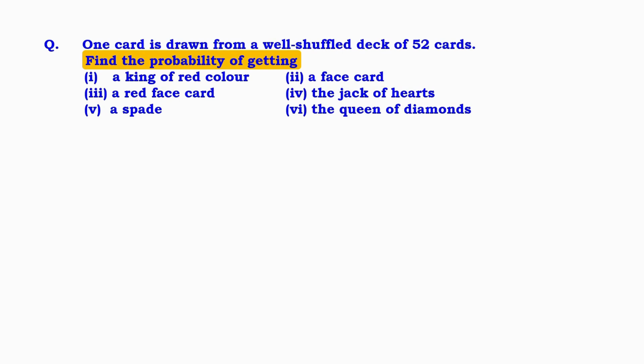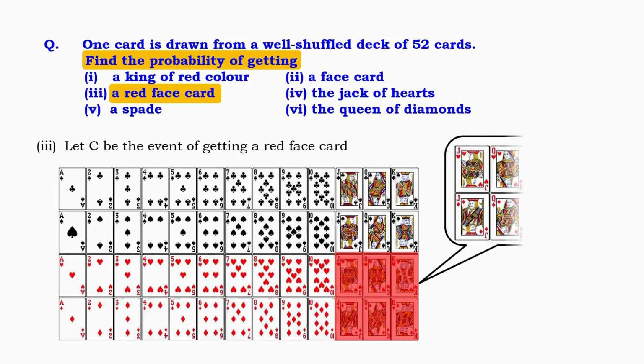Now, next question. Find the probability of getting a red face card. Let C be the event of getting a red face card. Let us again see the card arrangement. Jack, King, Queen are the face cards. Now we have to identify only the red face cards.